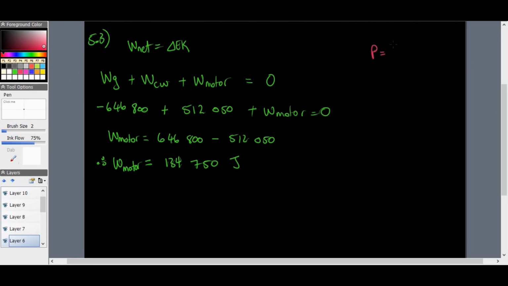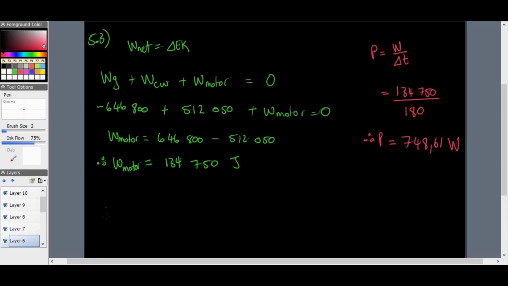The power equals W divided by delta T, which is going to be this 134,750, the work done by the motor, or the energy transferred, the rate at which work is done, divided by 3 minutes, so that's 180 seconds, and therefore the average power by the motor is 748.61 watts. That's using the normal power formula.